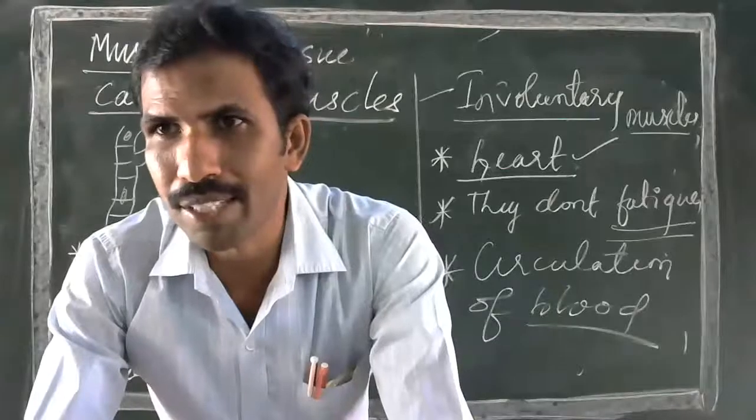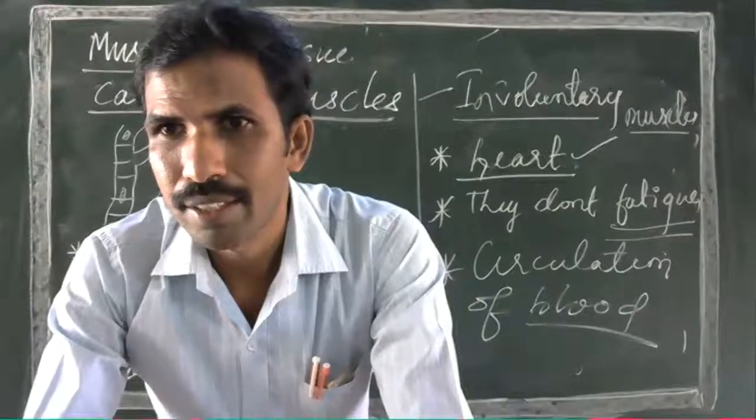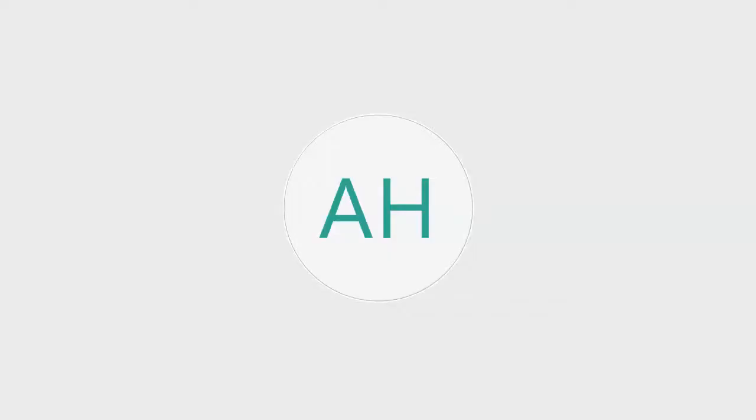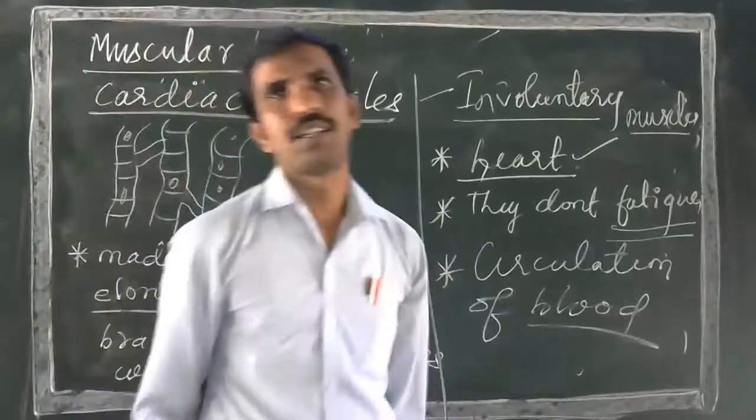Sir, not now, sir. For answering, I raised my hand, sir. Okay. What is the answer? Components of connective tissue? Cells, fibers, and matrix. Okay, thank you very much. Very good. So please watch the video.